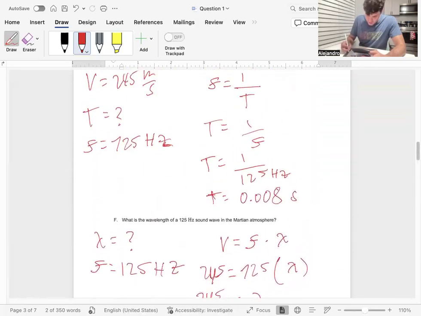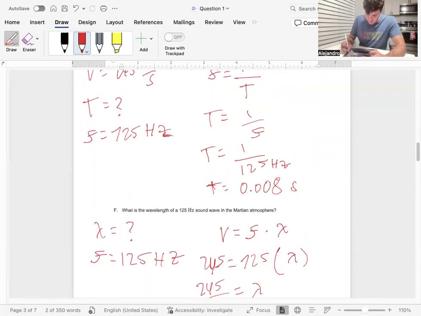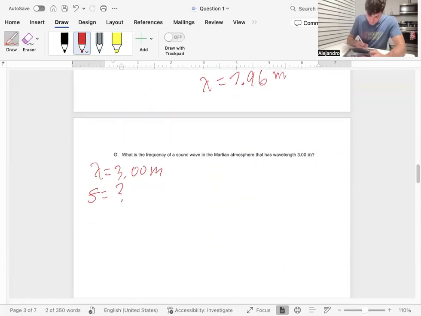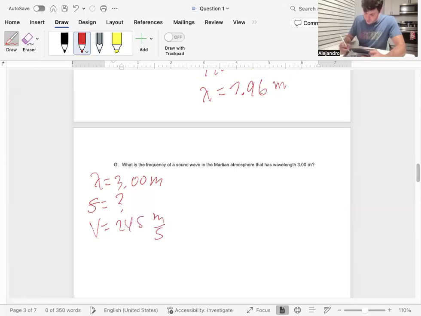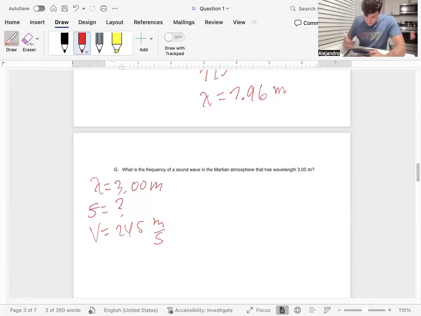Like before, we know the speed, which is 245 meters per second. So we're going to use the same formula as before: speed equal to frequency times wavelength.